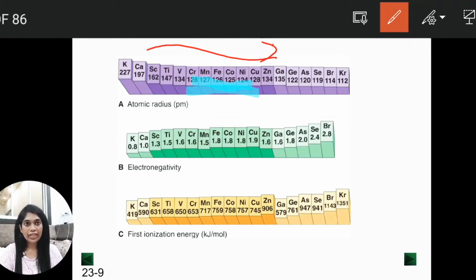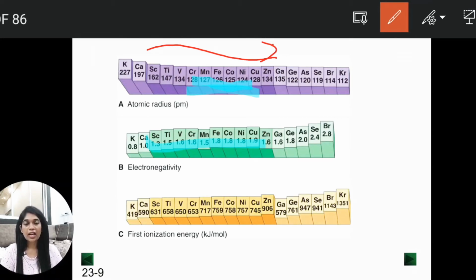Also, you can see that the electronegativity increases from scandium to zinc, but in the case of zinc, the electronegativity is slightly lower as compared to copper.